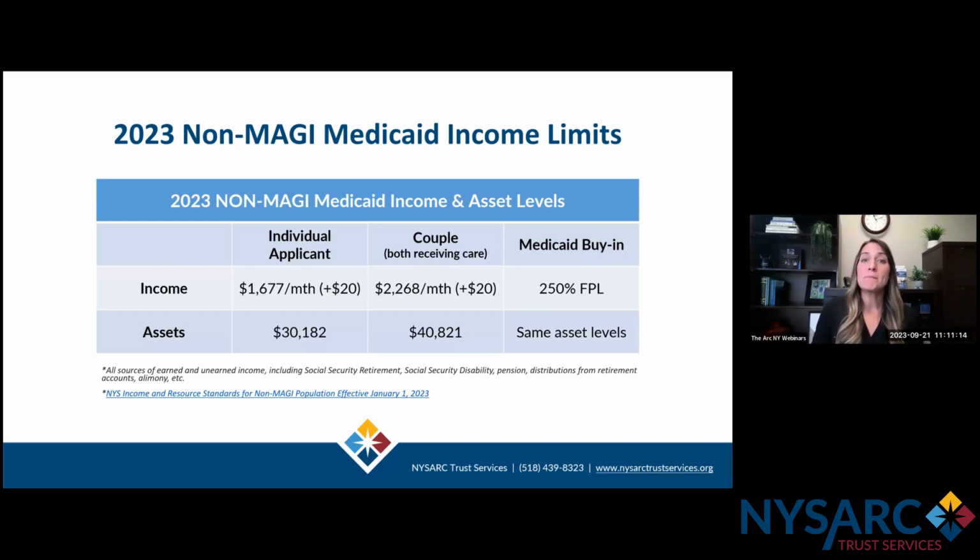If your income is above those limits and you have a qualifying disability, you can use a supplemental needs trust to reduce your income so that you can access the services, get Medicaid to provide these supports, and have that money still available to you in a trust account to help maintain your standard of living and cover expenses that your Medicaid benefits don't provide.